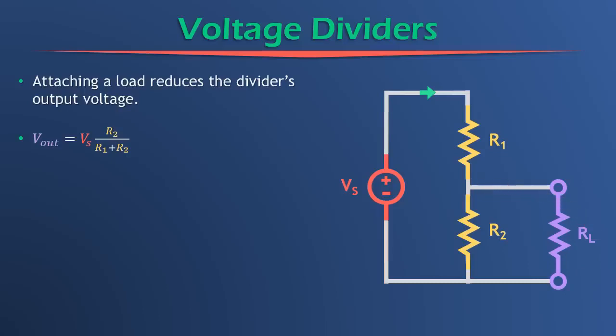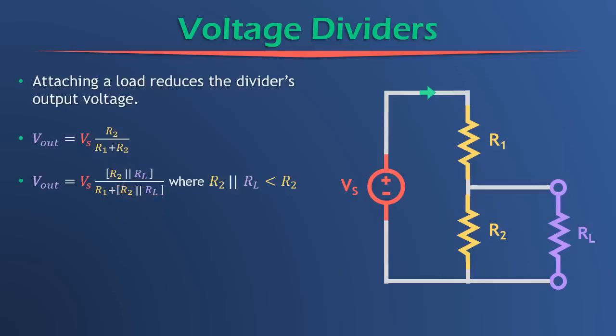So what used to be just R2 is now really R2 parallel RL, the equivalent resistance. So we can rewrite the V out equation to take this into account. The old R2 now becomes R2 parallel RL, and we can substitute that in anytime we see R2.